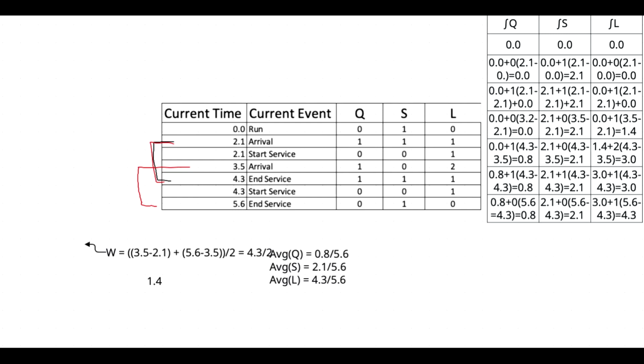Oh, well, when did the second guy arrive? Oh, okay, 3.5. Yeah, he showed up at 3.5. You left at 5.6, and so that would be 2.1. That's correct. The first person did leave then, but this is most annoying.